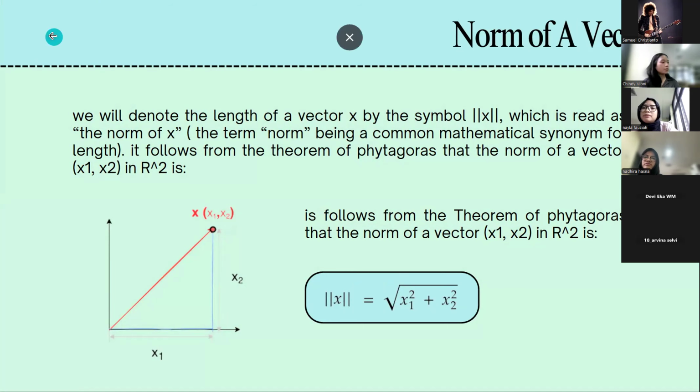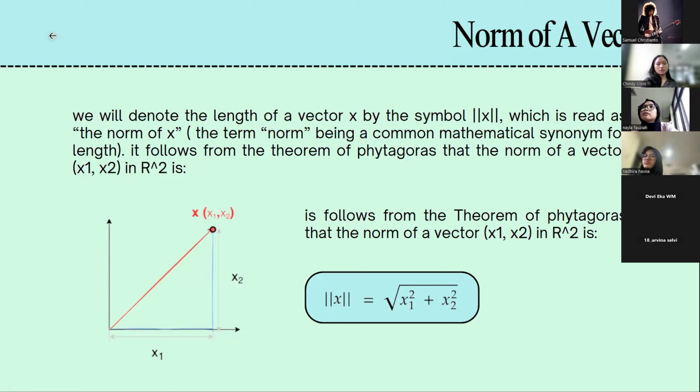So next, we have the norm of a vector. We denote the length of a vector x by the symbol of two vertical bars on each side of vector x, which is read as the norm of vector x. It follows from the theorem of Pythagoras that the norm of a vector (x1, x2) in two-space is as follows in the graphic on the left.